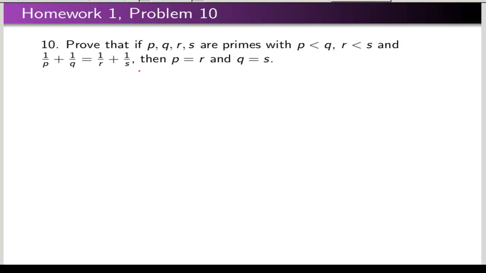So it's a uniqueness of reciprocal sums of two primes. Right? So what's the first thing you might think of doing here? Why don't we clear out all the denominators?